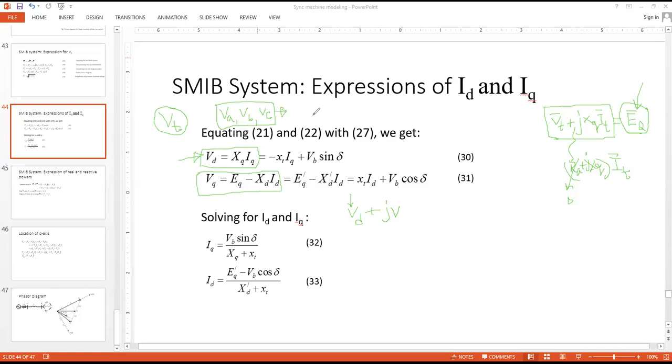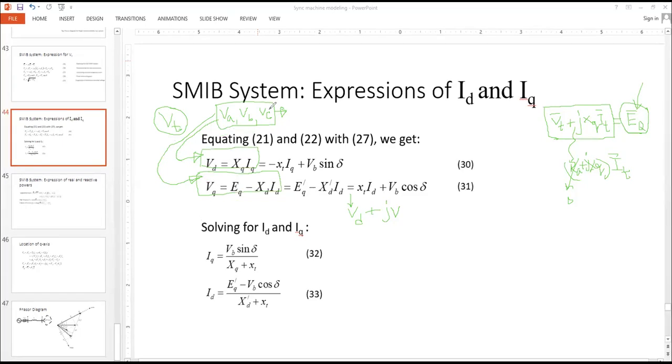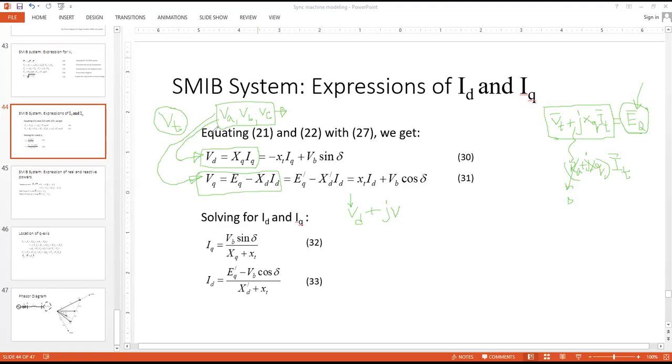When we applied the DQ0 transformation, we obtained VD, VQ, and V0. But V0 was not considered further because it is a balanced system. So these VA, VB, VC are nothing but the instantaneous voltages. And when we take the phasor, this is our phasor VT, the terminal voltage.